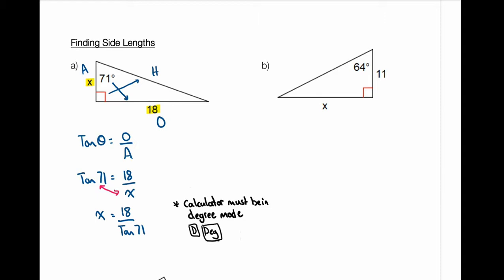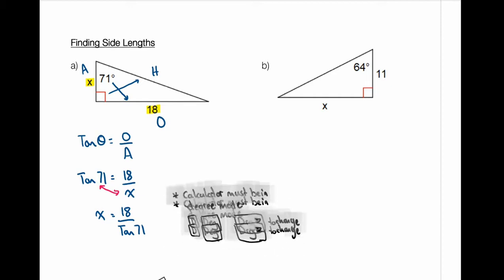If you do not see that and you see another letter, maybe a G or an R, you have to change it to put it into degree mode. You should be pressing a button that looks something like this. When you press that, DEG or DRG with an arrow or a triangle, it should give you the option of either degrees or D, and you just have to change it to that. And that's key because it needs to be in that form.